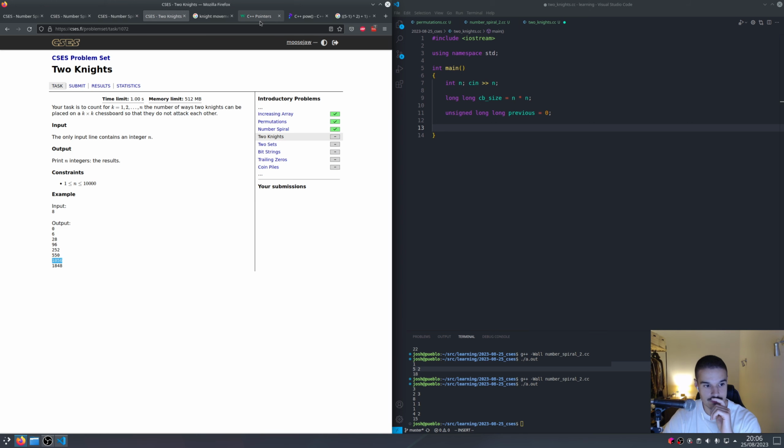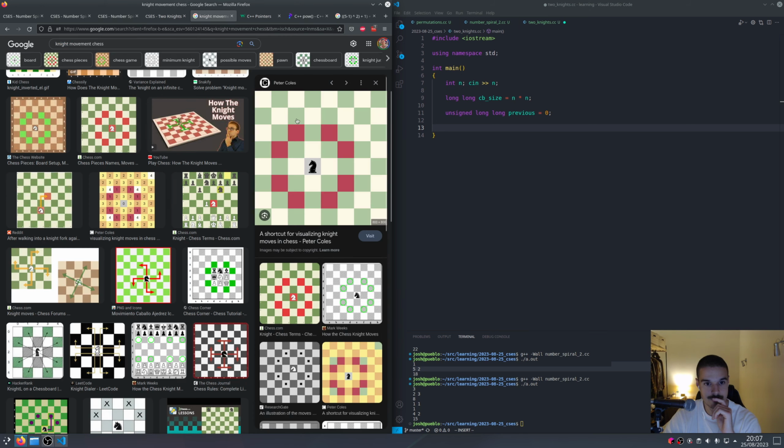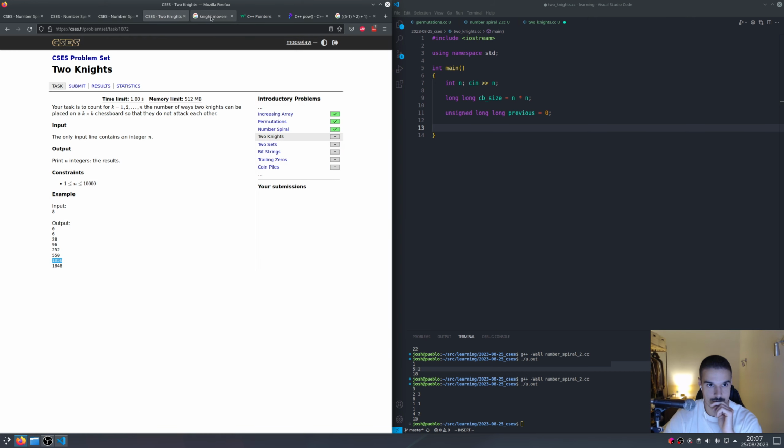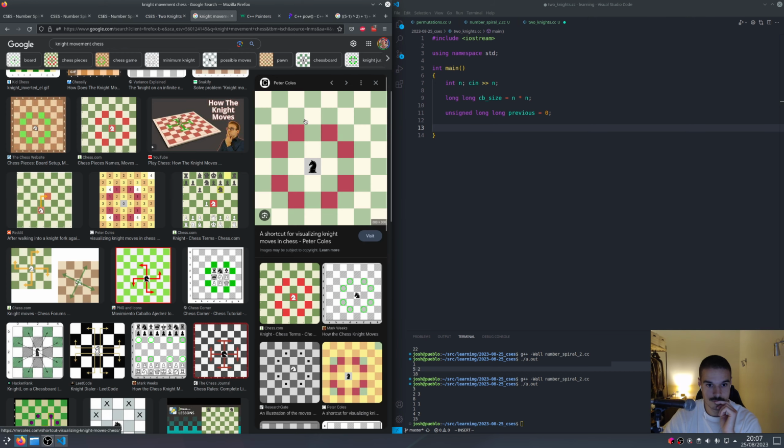So there's 1056 possibilities on this chessboard, which I think makes sense. Oh, I need a calculator.